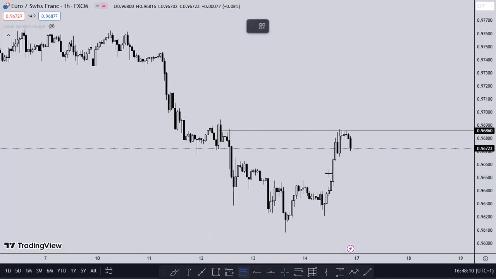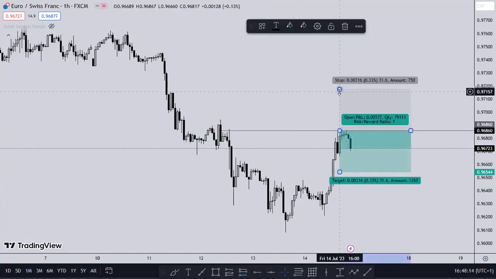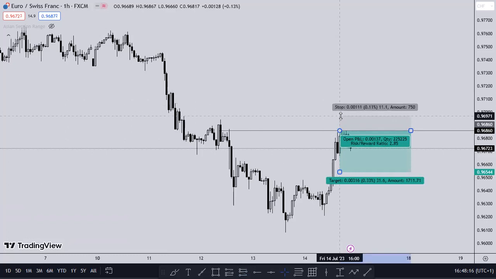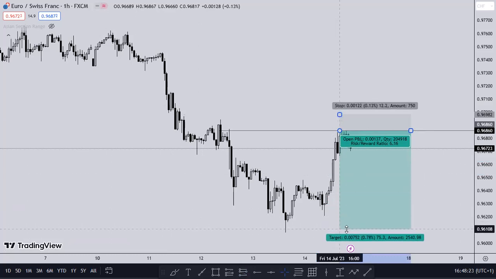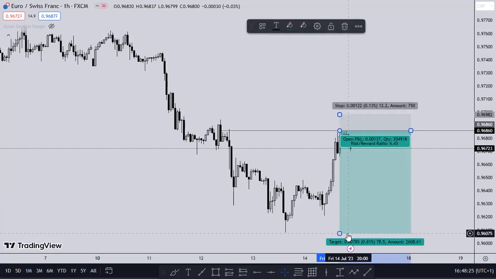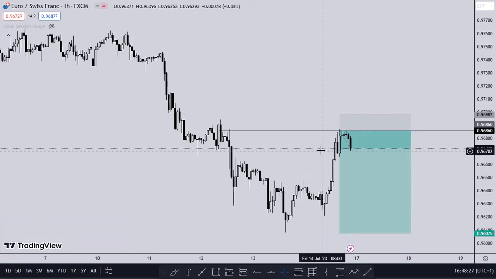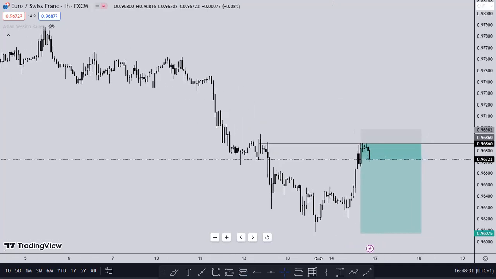I'm willing to sell from this particular area. Stop loss right above, maybe extending the stop loss a little bit. First take profit is this area, second take profit all the way to this area. You can see the sniper entry on this trade.